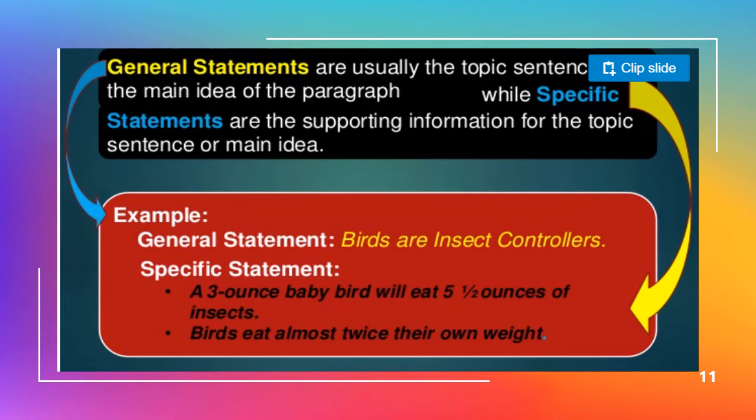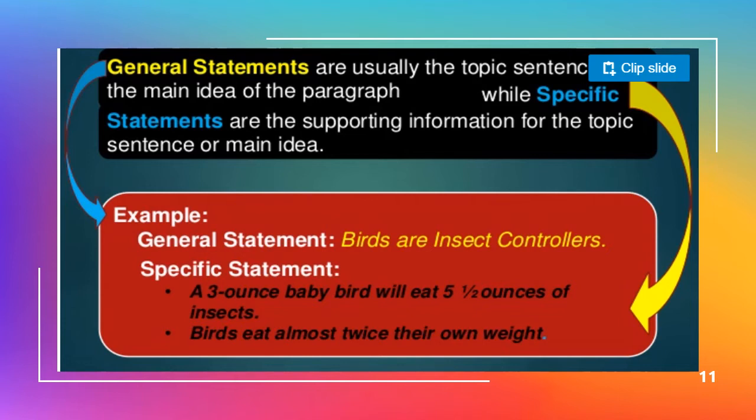Okay, so aside from the example of sentence a while ago, let's discuss the general statements. General statements are usually the topic sentence or the main idea of the paragraph, while specific statements are the supporting information for the topic sentence or main idea.